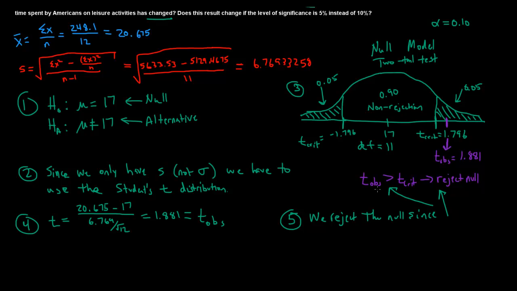Because t observed was greater than the critical value for our null model. What that means is that this was an unlikely result if our null model was true. So it was unlikely that the average amount of leisure time spent by Americans was 20.675, it was unlikely that happened by chance alone, that was due to sampling error.